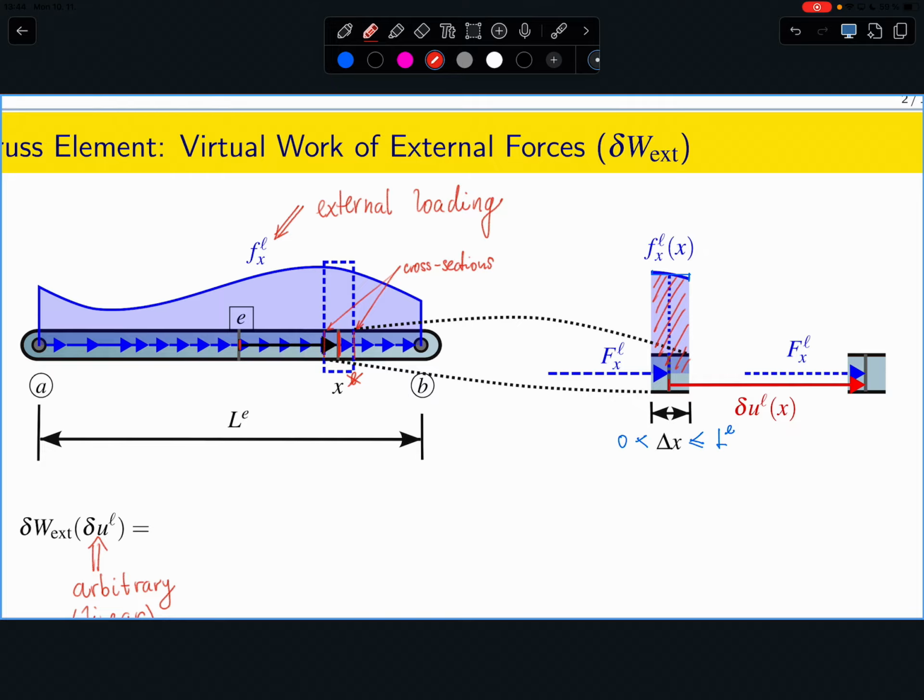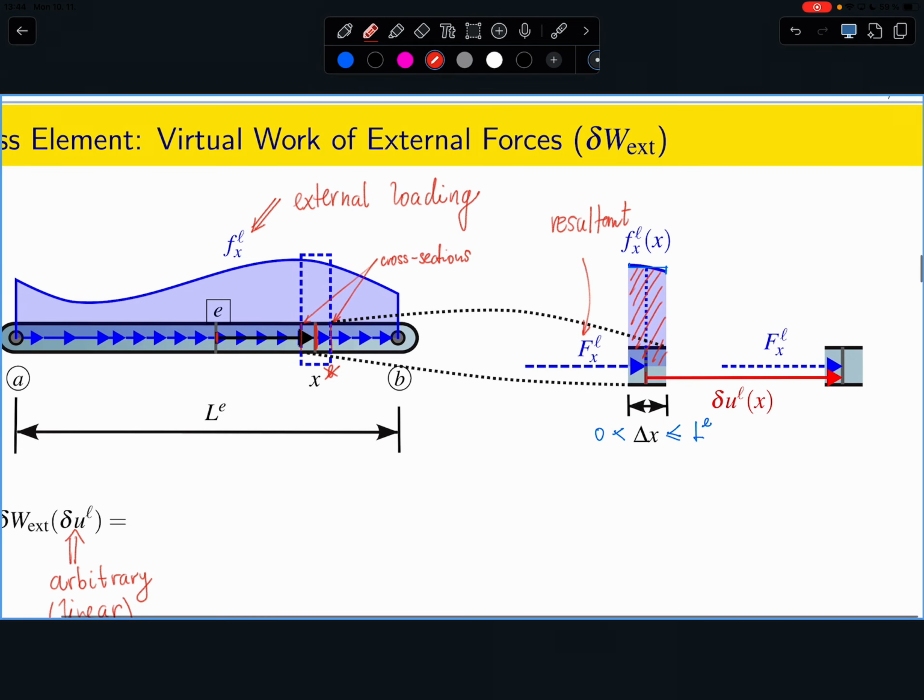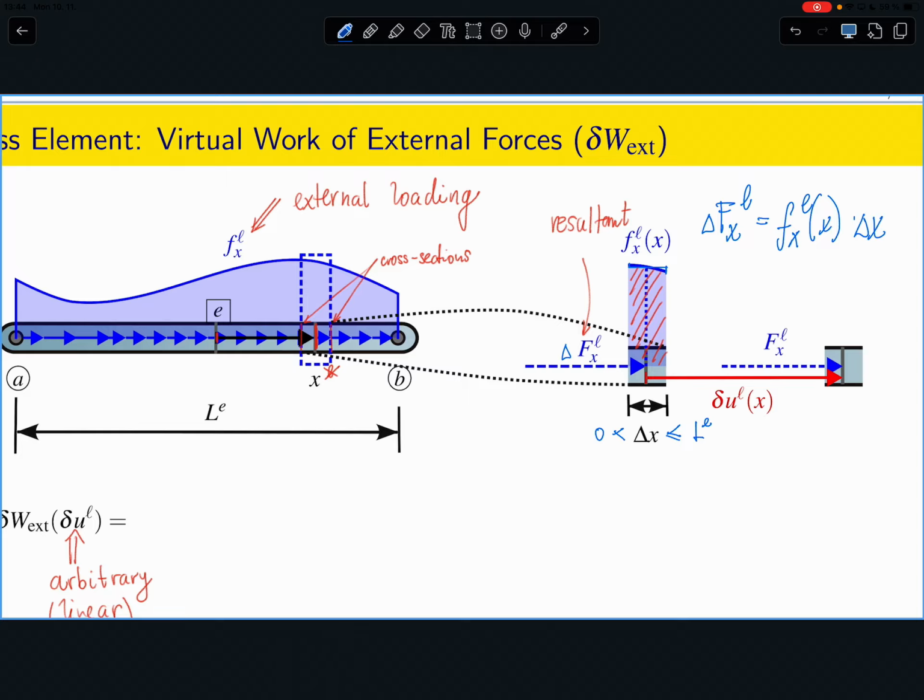So this is the resultant. I can say that this resultant delta f at xl is the value in the corresponding cross-section of this intensity, multiplied by delta x.